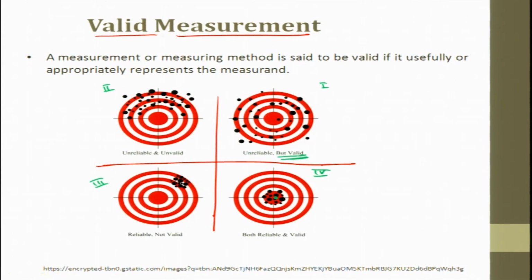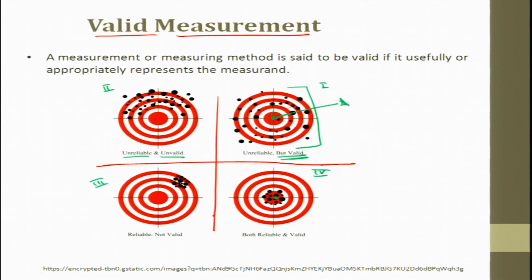Okay. So in quadrant number 2, it is unreliable and invalid. See, if I take the average of all these dots, all these values, if I take distances from the center, let me say this distance is A, B, C, D, and so on. If I take the average of these distances from the center, the final result would be here.